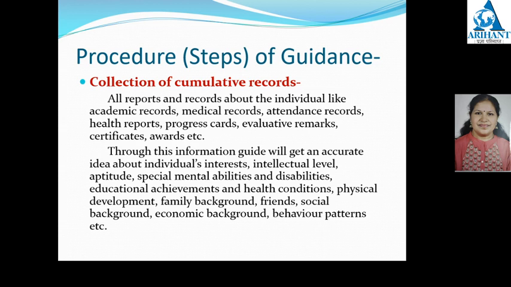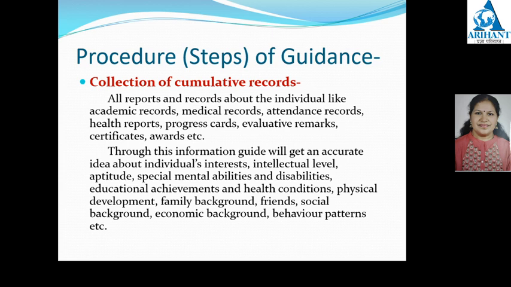Whatever records are available of the individual, like academic records, medical records, attendance records, health reports, progress cards, any evaluative remarks from the school, then certificates and awards which the individual has received. All these records will be collected and analyzed.